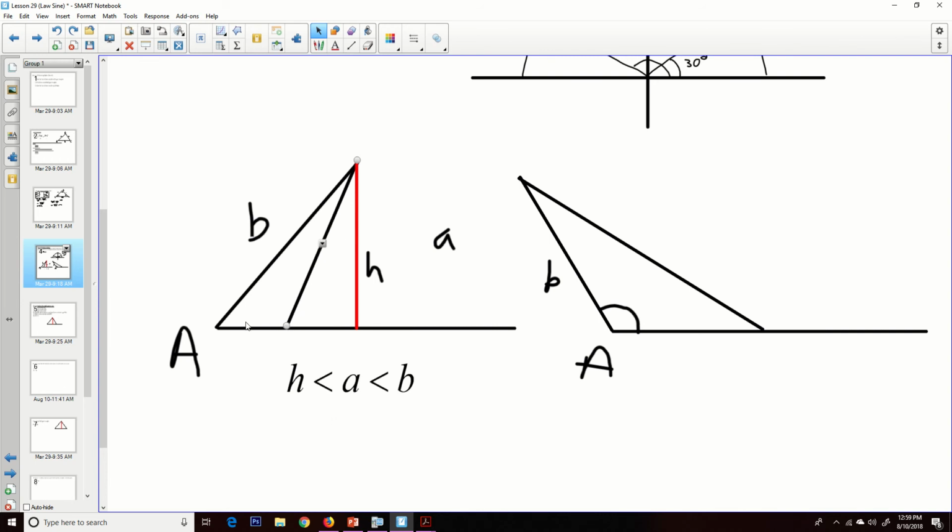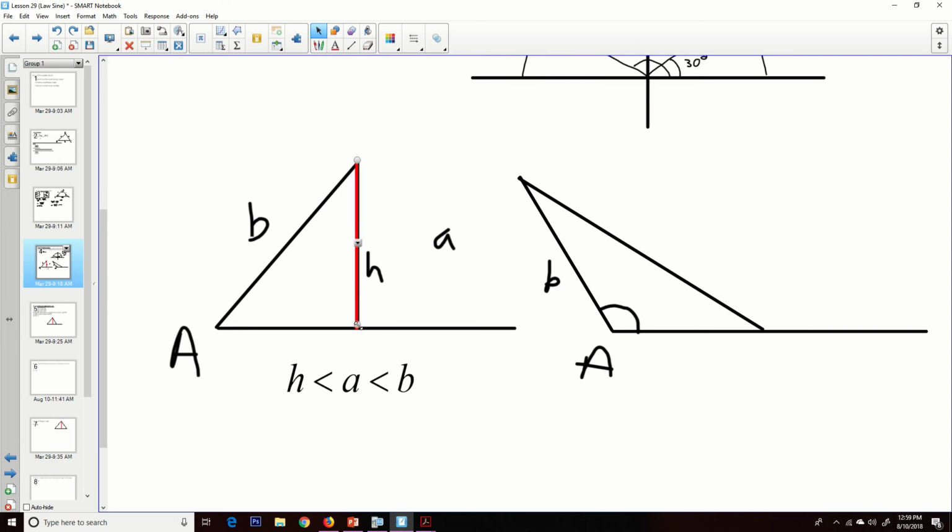I can only show this in an animation. The third side changes to two different values, and the third angle has two possible solutions. That's the only instance where we're going to have two solutions. In the case that this little side a is actually shorter than the height, then it never actually touches, so we have no solutions.